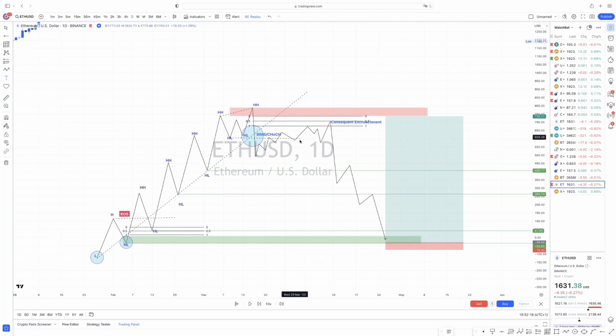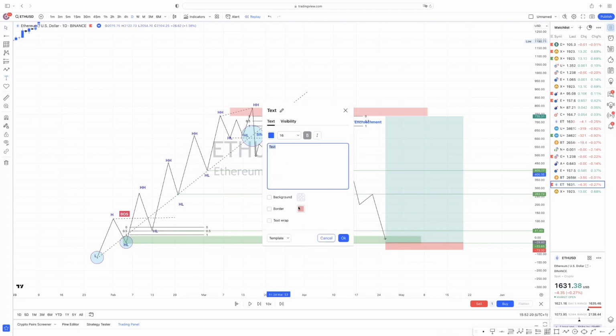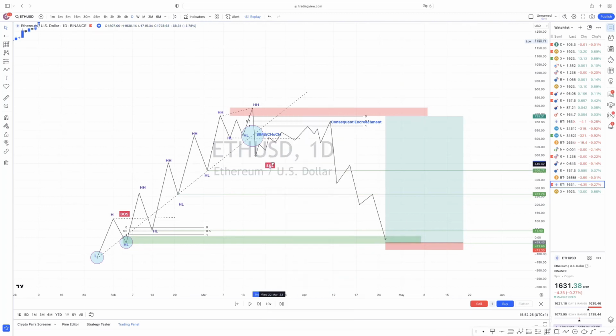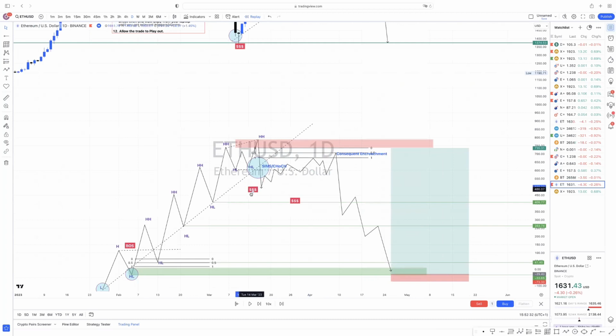So all these areas that I marked here are actually areas of liquidity where money resides. So money is residing here, here, here, and here as well. And this is the final liquidity that was created.